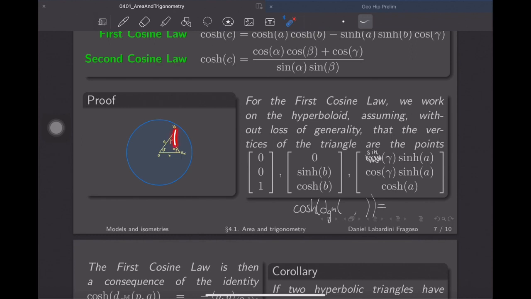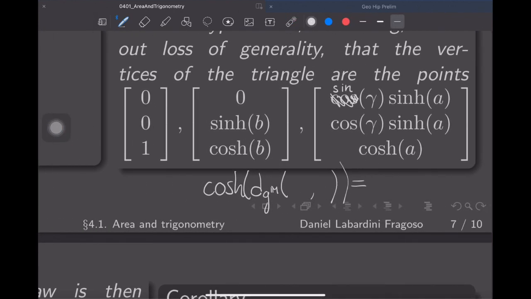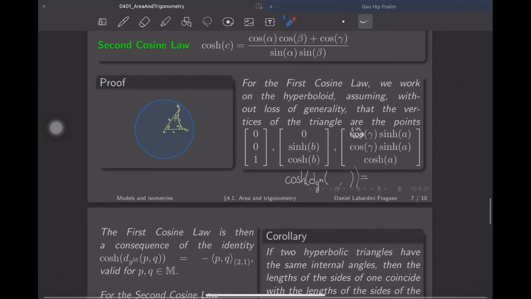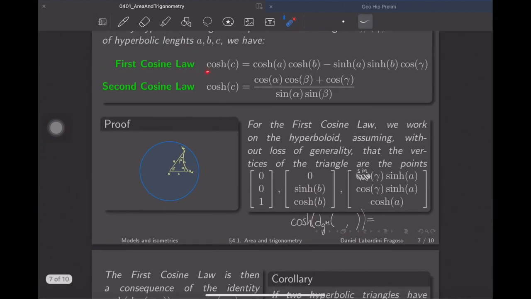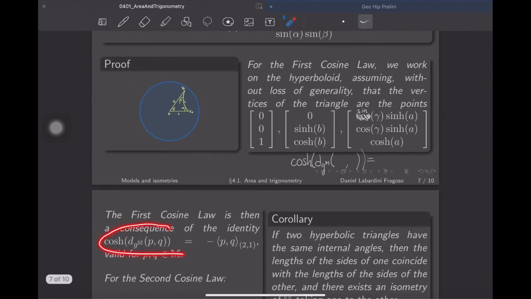So it really has to be C. So the hyperbolic cosine of C is equal to this times this minus this times this. If you look at the formula, it's hyperbolic cosine of C is this times this minus this times this. So it really is a consequence of the formula for the hyperbolic distance in the Minkowski hyperboloid.